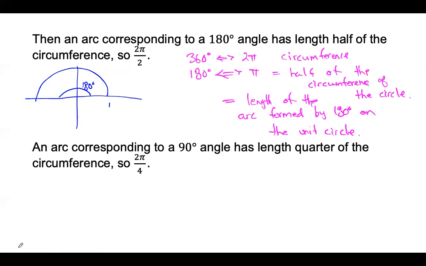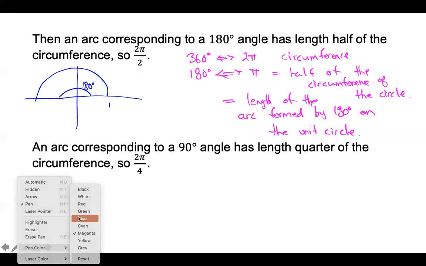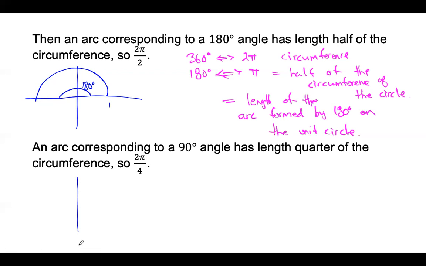Okay, let's just see another example before we. So a 90-degree angle is about this picture, as we can see. And this is equal to pi divided by 2. How can we see that? So 90 degrees is equal to pi divided by 2.